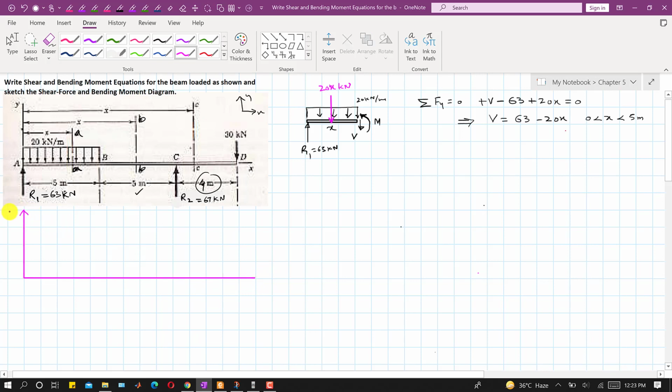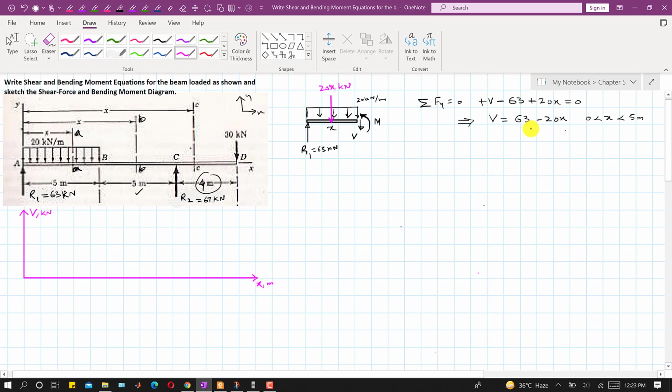So now if we draw the shear force diagram, along the y-axis we are representing that shear force equation, which is in kilonewtons, and along the x-axis we are considering the length of the beam in meters, right?